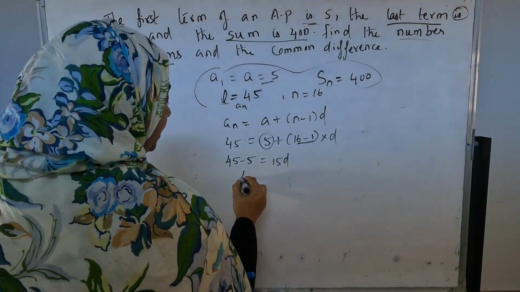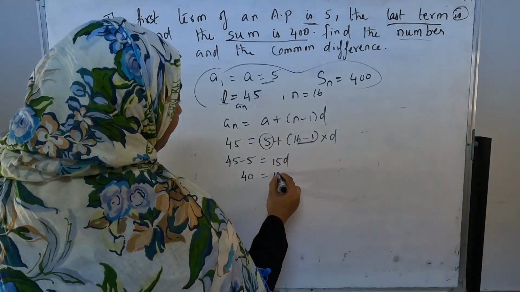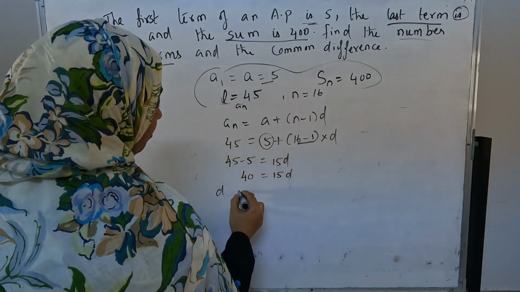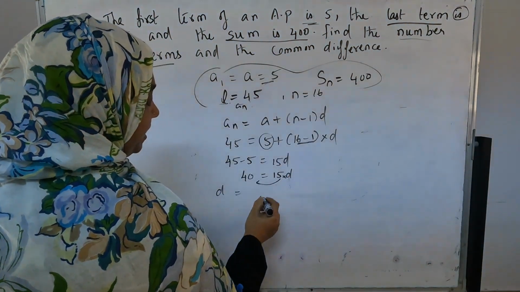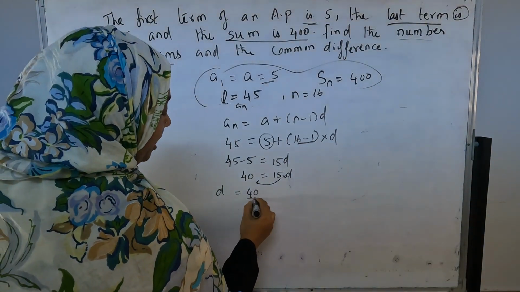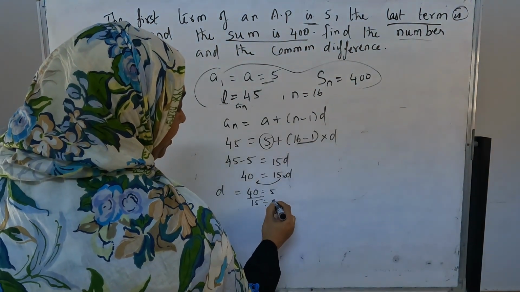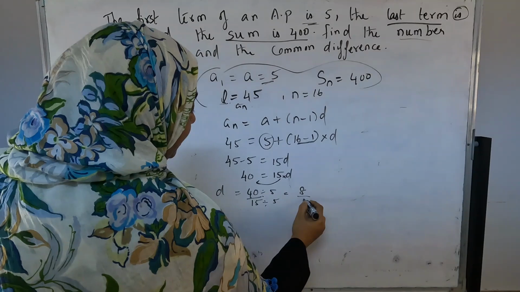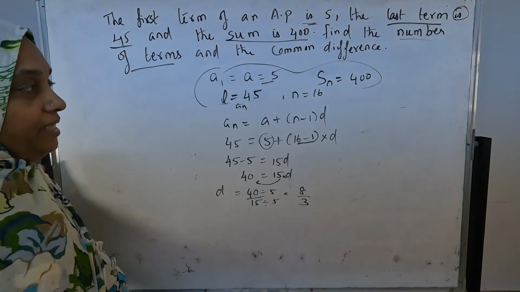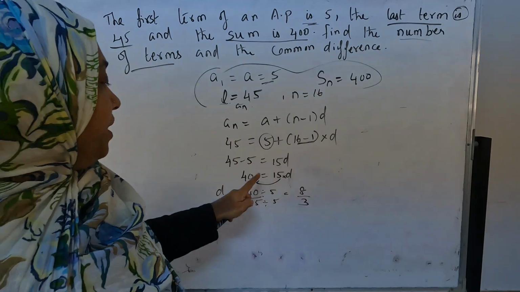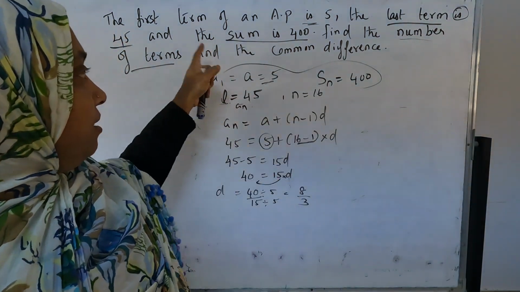So this is 40 and 15d, d is equal to, this is multiplication, coming to this side it is division. So 40 by 15. Now divide this using the 5 tables: 5 8s are 40, 5 3s are 15. Otherwise, if you know how, directly cancel it. So this is the value of d. The sum is finished.